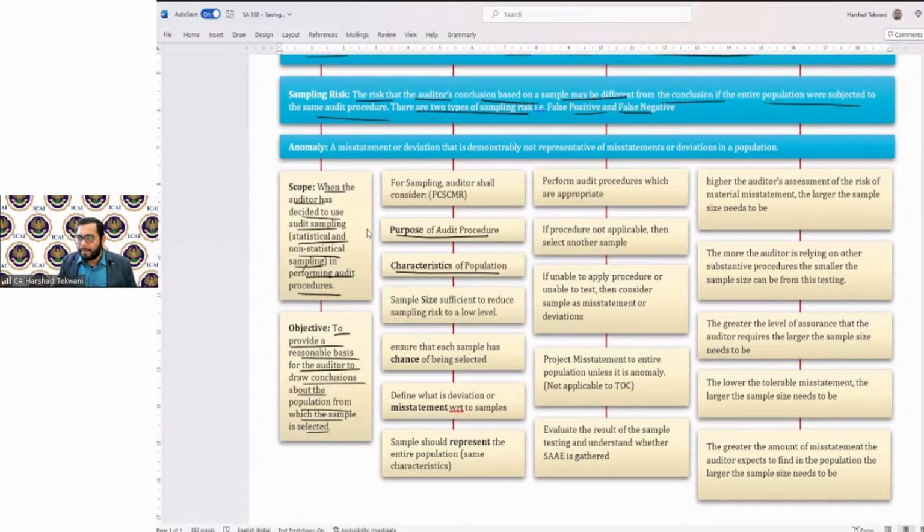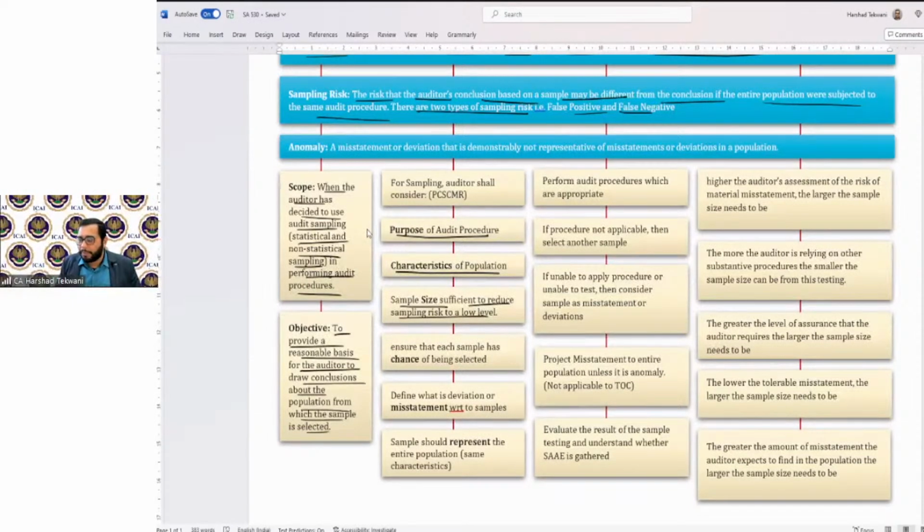What is the population made up of? Sample size. How much sample size you should take to reduce the sampling risk to a low level.